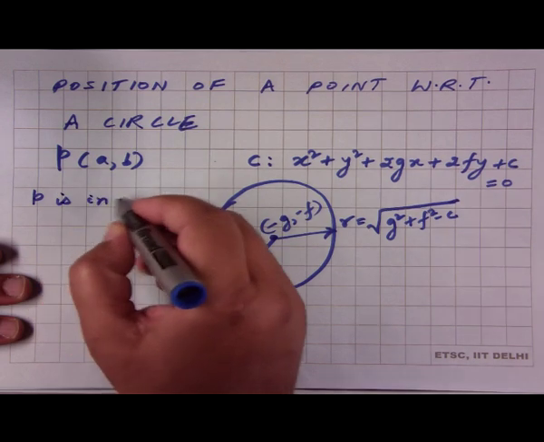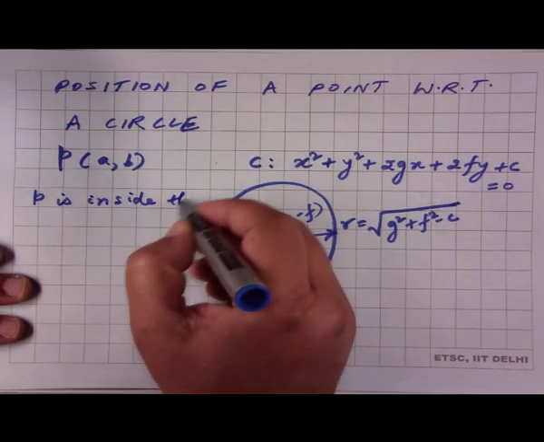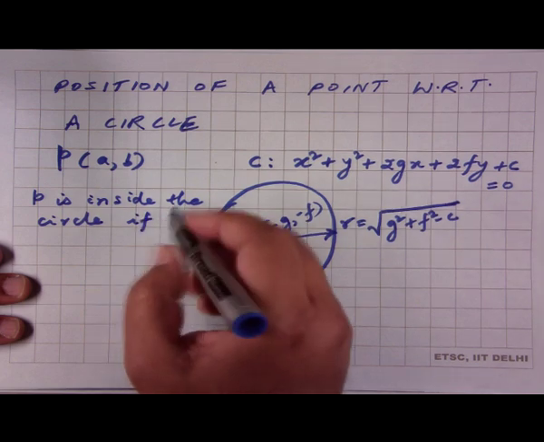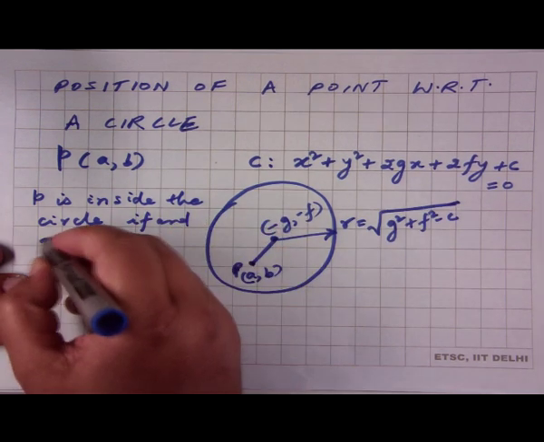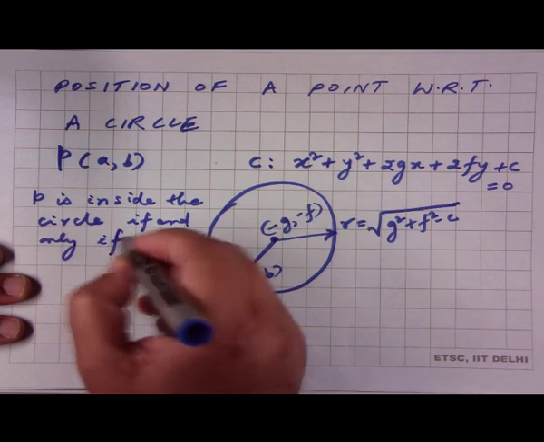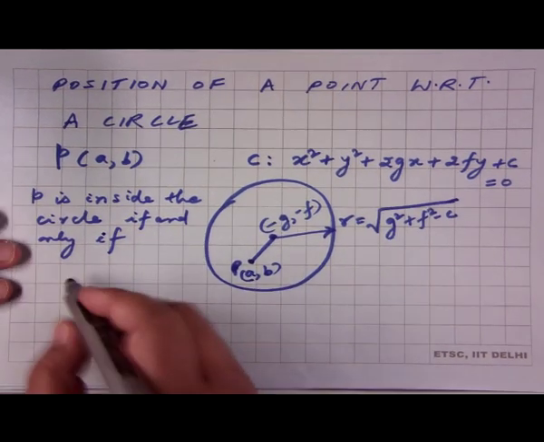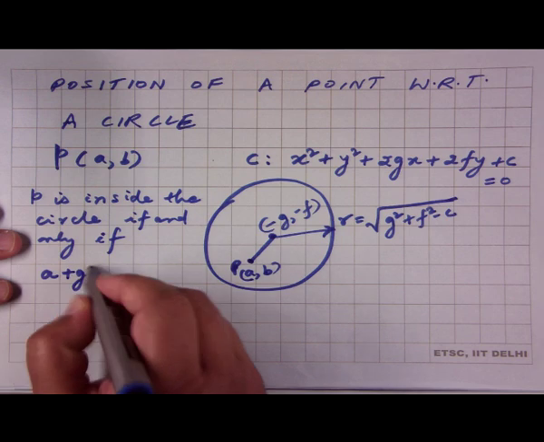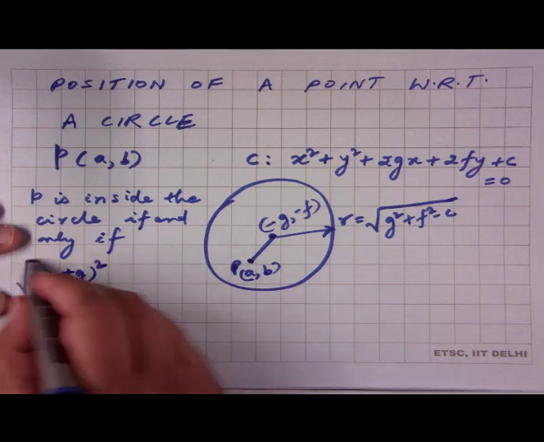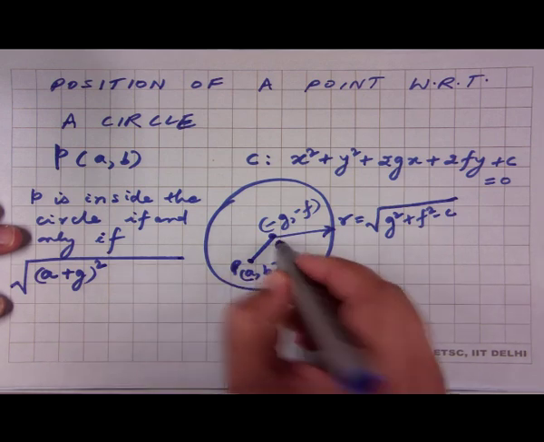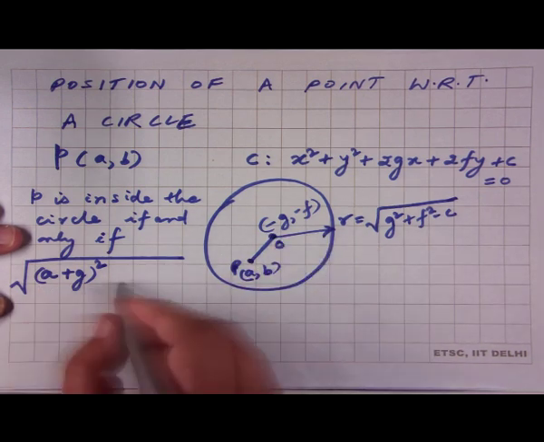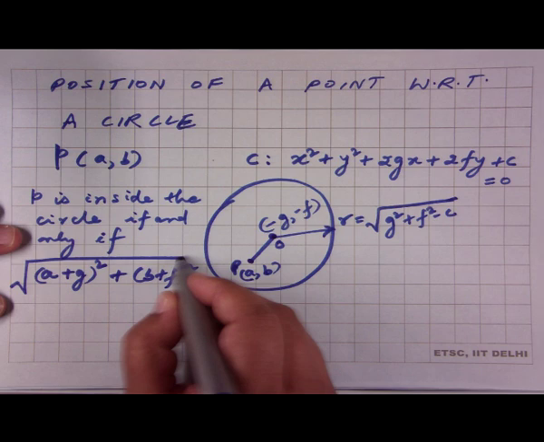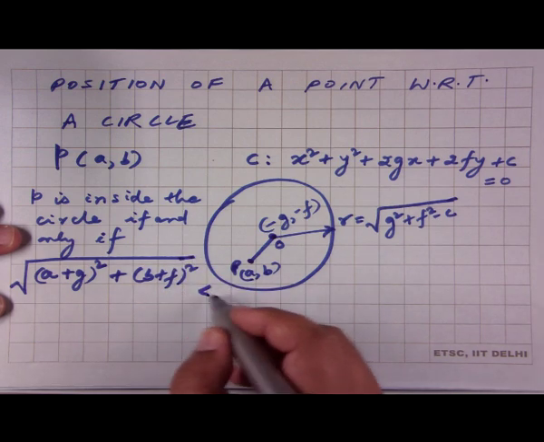So, P is inside the circle if and only if the distance between the point P and the center of the circle is less than the radius.